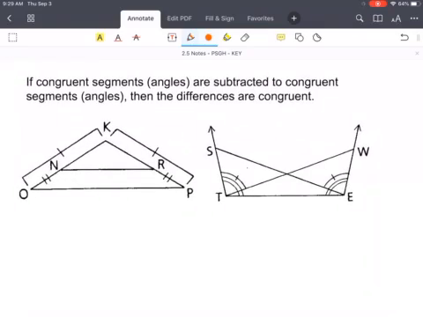Same concept here, except I'm not subtracting the same thing. So on the left side here, I have the whole segment and a smaller one. On the right side, it's congruent to the whole segment and the smaller one.